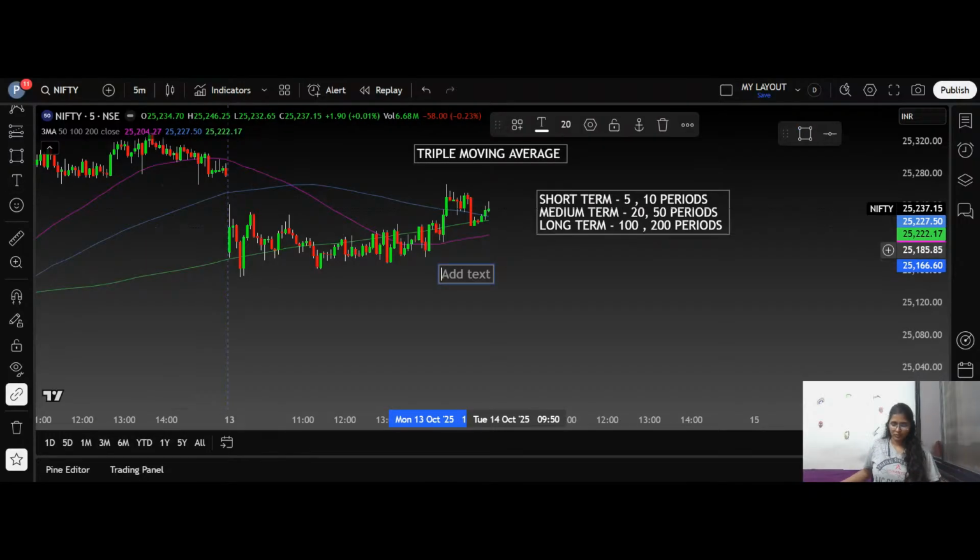So when will this give us a buy signal? When the short-term SMA is greater than the medium-term SMA, this is so simple.